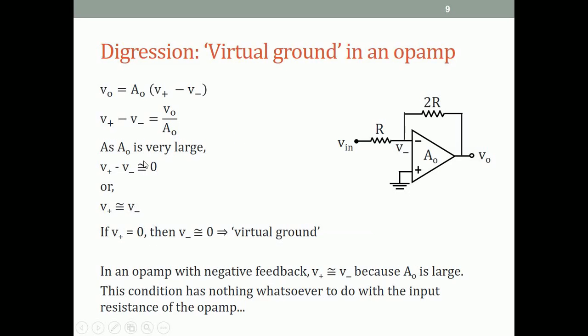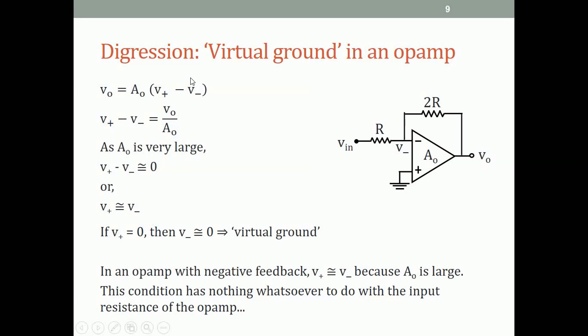So what is this line of argument? The line of argument is that V plus is equal to V minus in an op-amp because A0 is large. The fundamental reason why V plus is equal to V minus in an op-amp circuit is because its open loop voltage gain is large. It has nothing to do with the input resistance of the op-amp. I'll come back to the input resistance in a minute.